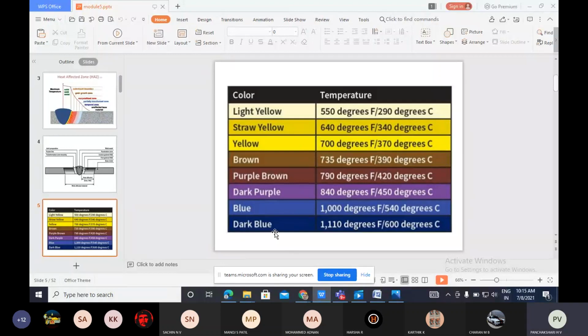Center zone, the temperature is 1110 degrees Fahrenheit, then 1000 degrees, then 840 degrees, 790 degrees, then brown 735 degrees, 700 degrees, and 640 degrees, 550 degrees centigrade, light yellow.